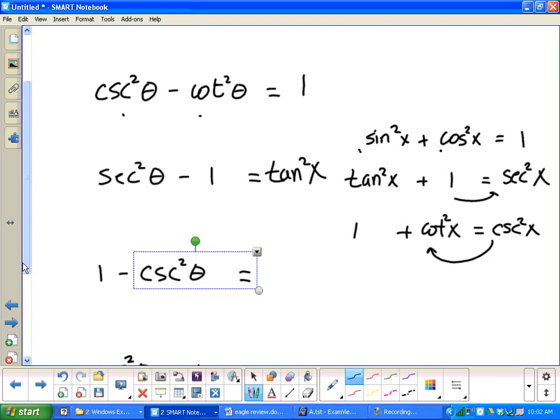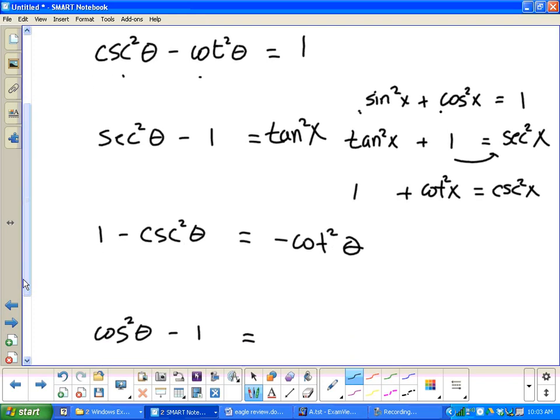So it would be negative cotangent squared. So basically what you're doing there, you're moving stuff around, but you're basically swapping them, aren't you? And when I swap it over, it's going to change the sign, isn't it? Okay? Right. It's like we're subtracting both of them from both sides. So we can just get to the point where we just have 1 minus cosecant squared.